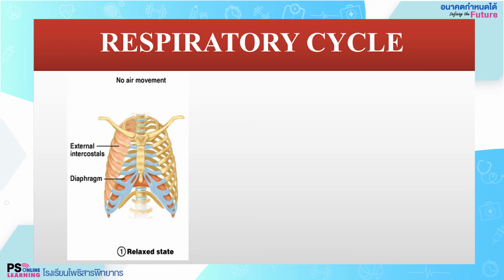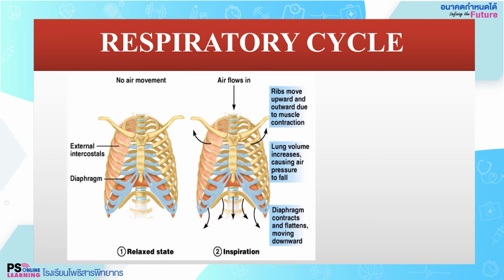So this is the relaxed state of it. And this is the inspiration. When the air flows in, the ribs move upward and outward due to muscle contraction, and the lung volume increases, causing air pressure to fall, and the diaphragm contracts and flattens, moving downwards.